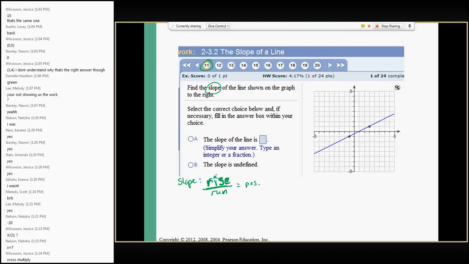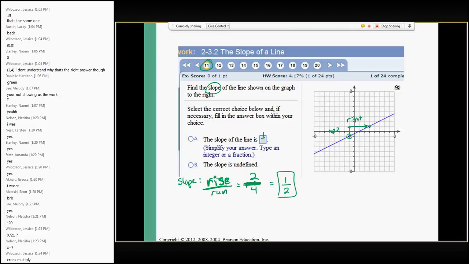If we go with this and go up how much? Up 2? And run, we're going to go to the right how much? 1, 2, 3, 4. Good. It's kind of hard to count sometimes. So your slope would be positive 1/2.